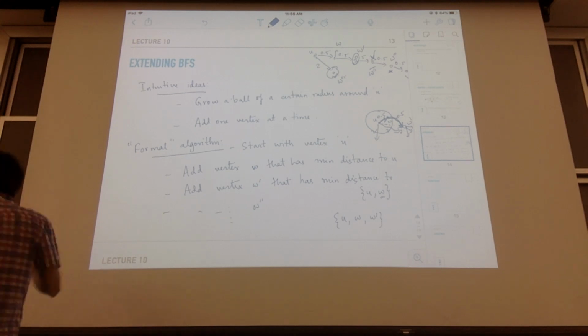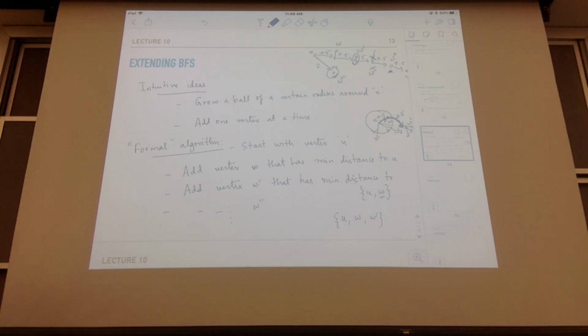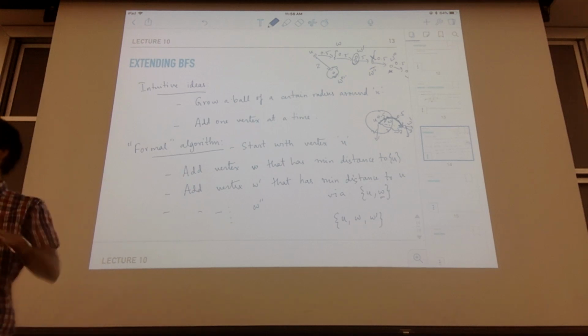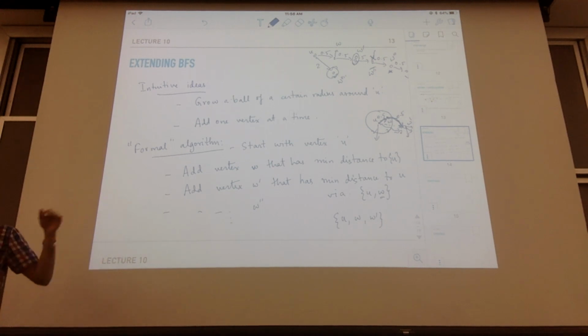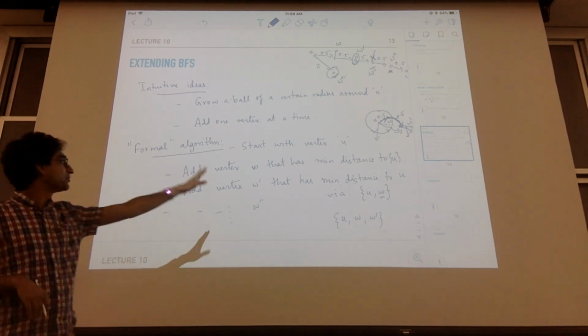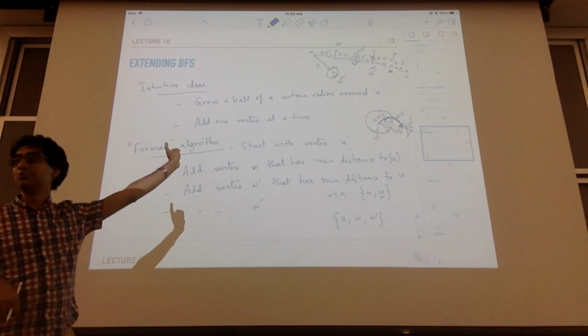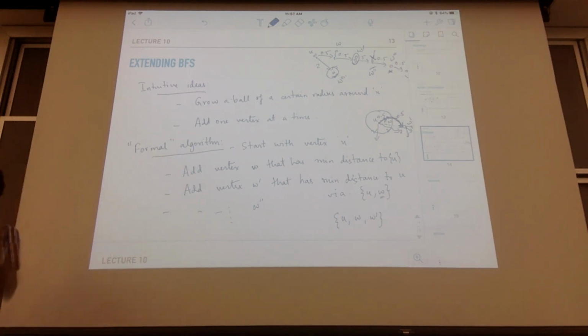Oh, I see. Alright, I should probably define this. It's the minimum distance to U via this set. This is what I meant. Yeah, that's a good point. All he's asking is, if I wrote this it would be the spanning tree algorithm. But I'm always counting the distance to U. That was implicit in my writing.